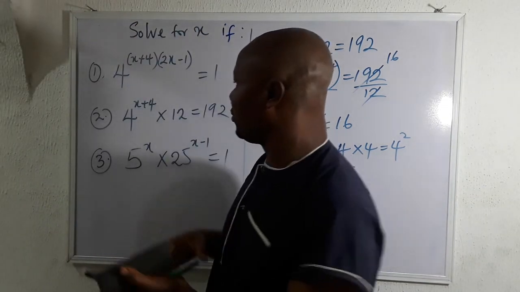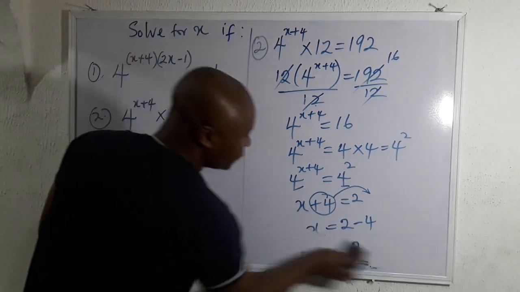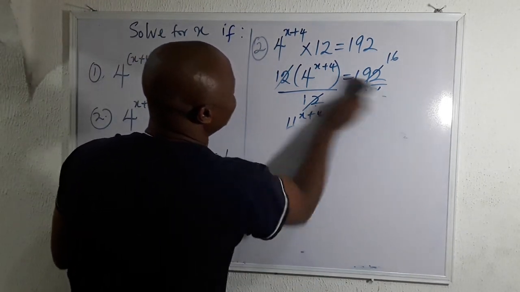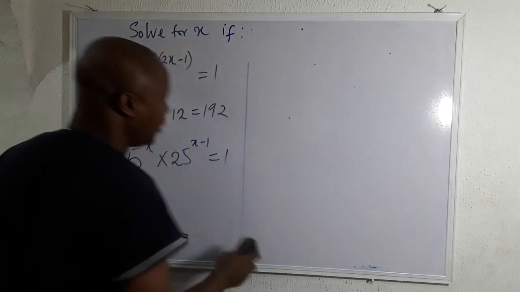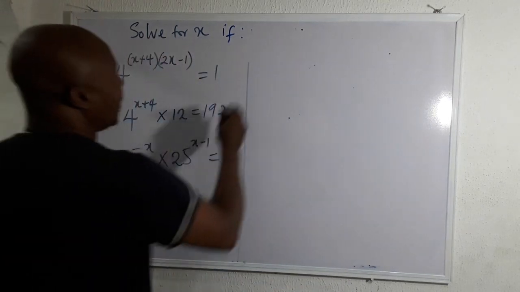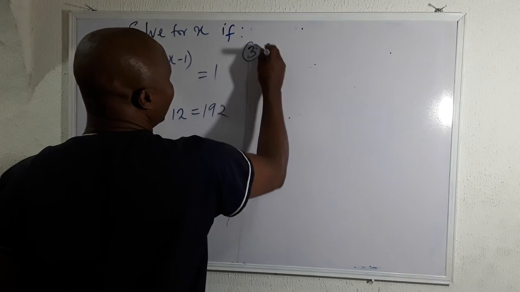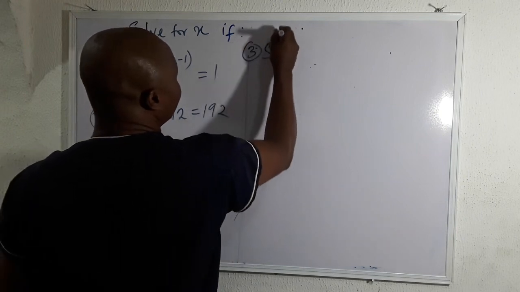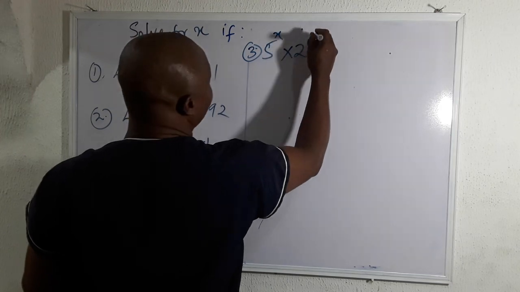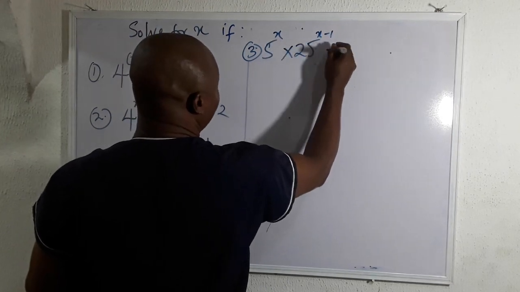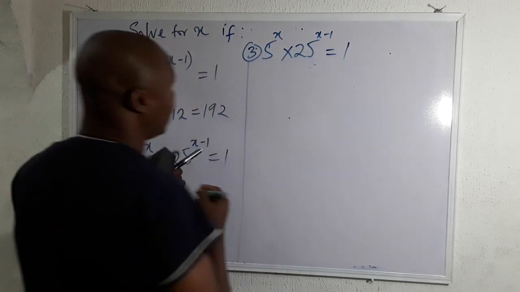Then the third question is 5 raised to power x times 25 raised to power (x - 1) is equal to 1.